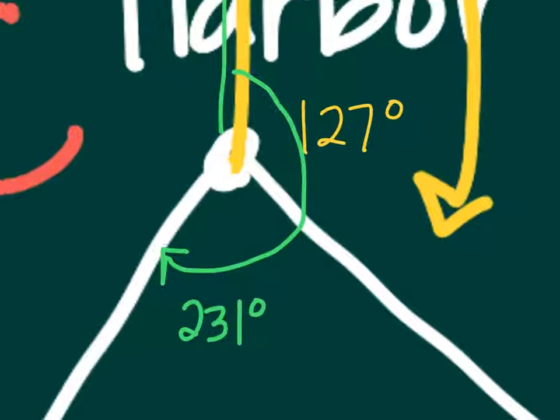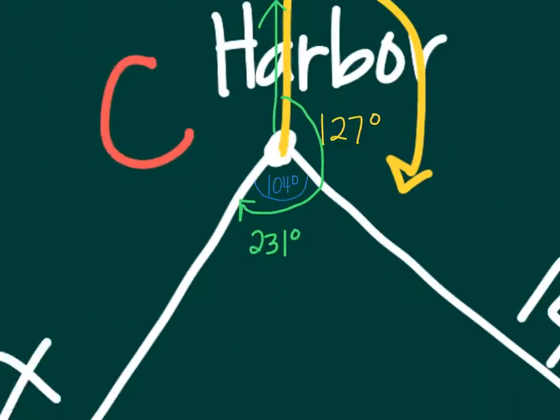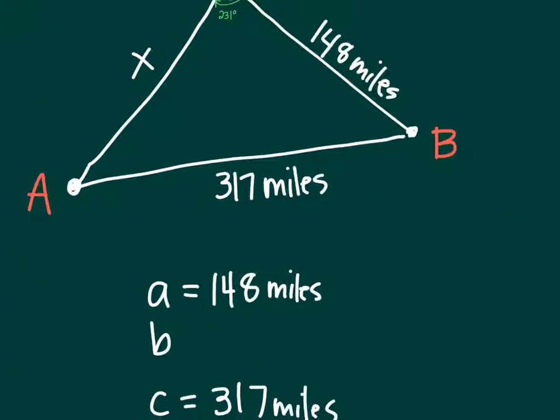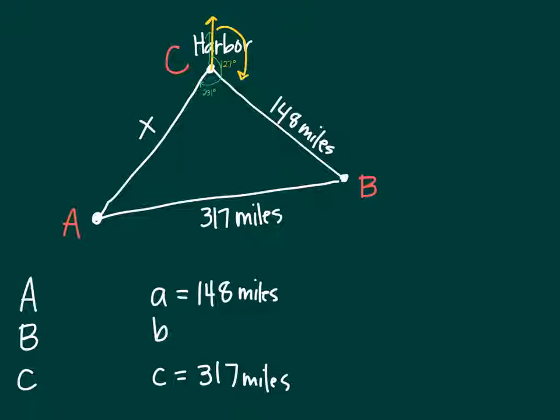So if we zoom way in here, we can recognize that this is 104 degrees, which is between the two ships. That number comes from the difference between 231 and 127, so that's a subtraction. And so our angle C is now going to be 104.